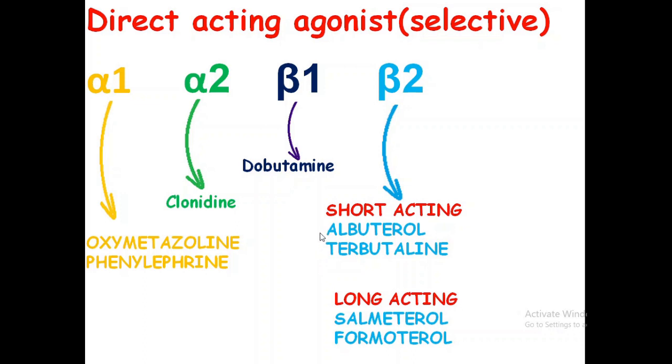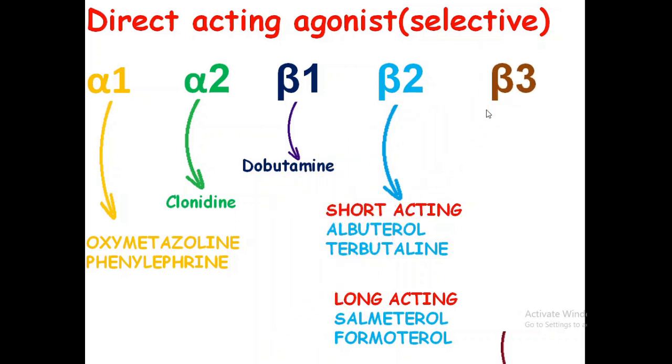Short acting beta 2 agonists such as albuterol and terbutaline are used for the relief of acute asthma symptoms. And we also have long acting beta 2 agonists such as salmeterol and formoterol, which produce prolonged bronchodilation, and that's why they are used to prevent asthma attacks.